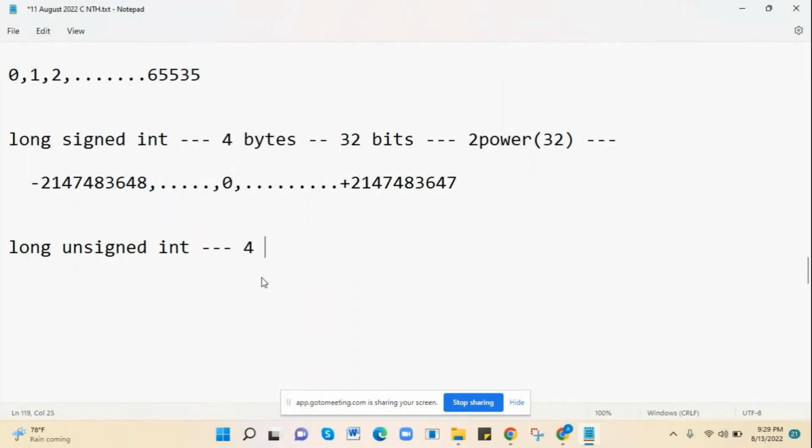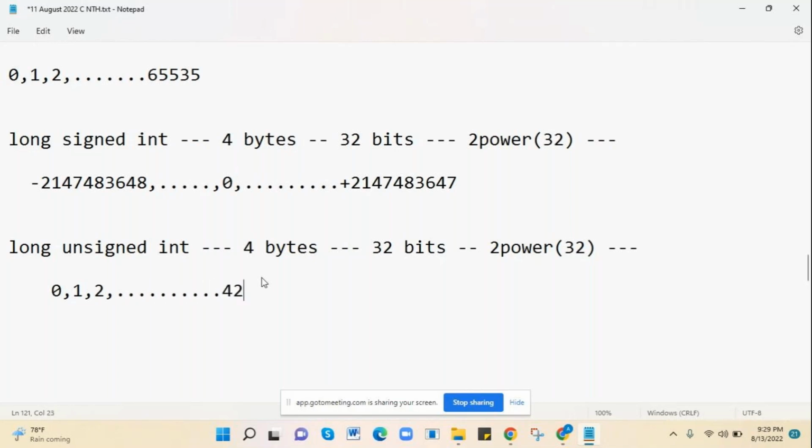Long unsigned int is also nothing but 4 bytes, which is 32 bits, which is nothing but 2 power 32, and it is unsigned. So it will start from 1, 2, up to so on.